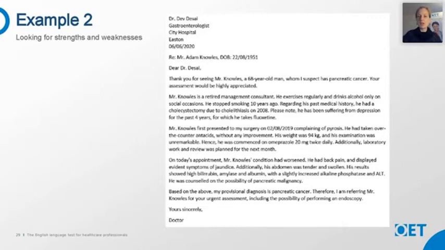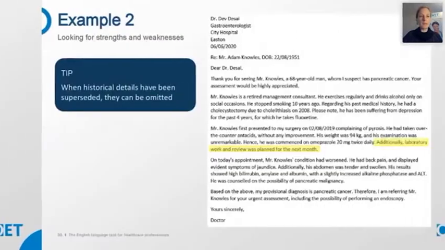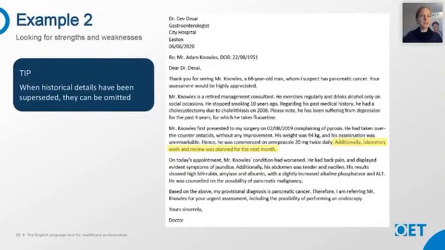This one's a bit closer. It's interesting, but most people are still saying yes, which actually I would disagree with. So my recommendation is, when historical details have been superseded, they can actually be omitted. The fact that the patient had tried over-the-counter antacids is no longer relevant because the situation has progressed beyond this.